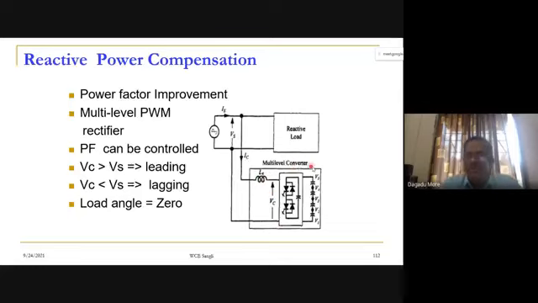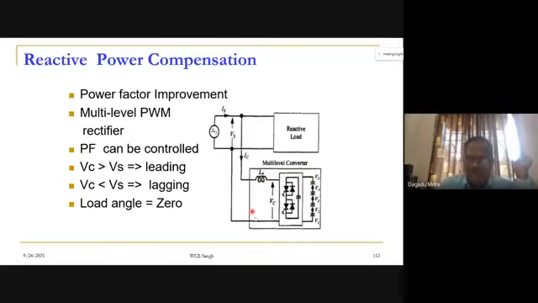This STATCOM is nothing but our multi-level PWM rectifier, and it can work as a pure inductance and a pure capacitance. It does not require a large value of physical inductors and capacitors. Our voltage source converter will do the job of the inductor and the capacitor.